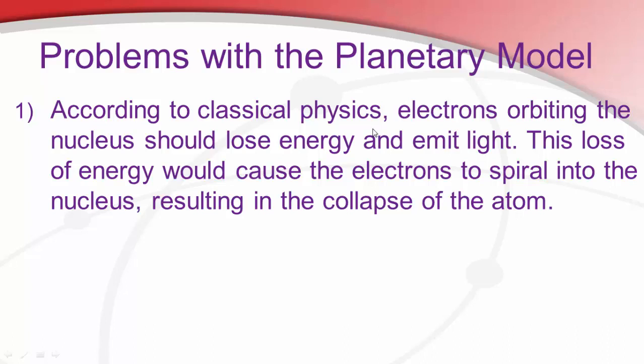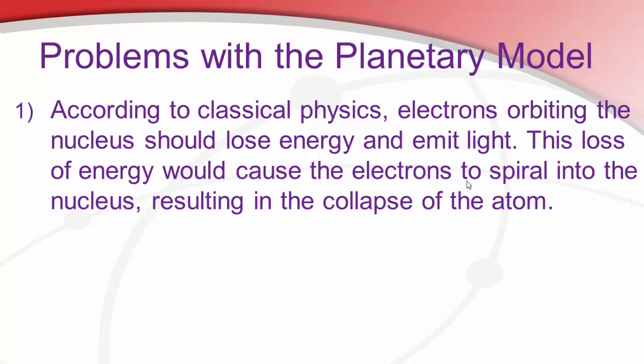And according to classical physics, anything with a charge that is accelerating should emit light, should give off energy. And the law of conservation of energy suggests that if this is happening, the energy loss would result in a loss of momentum. This loss of momentum would cause the electrons to spiral into the nucleus, and the atom would collapse, and bad things would occur. And this clearly doesn't happen, at least not on a time scale we can measure.